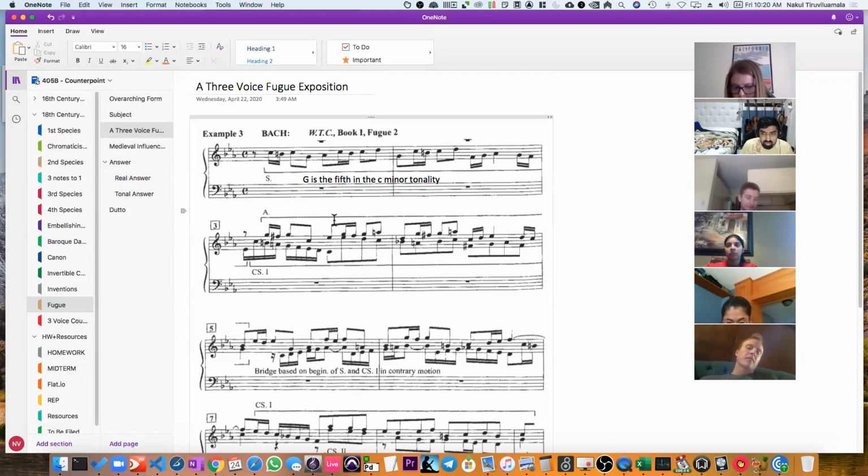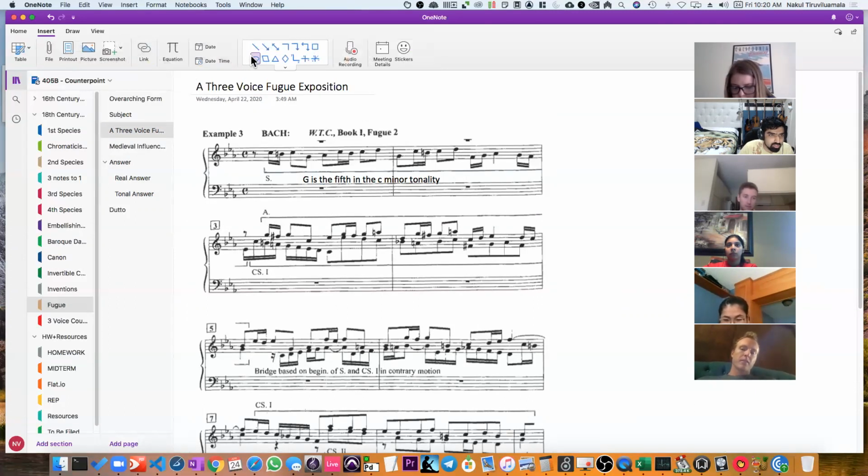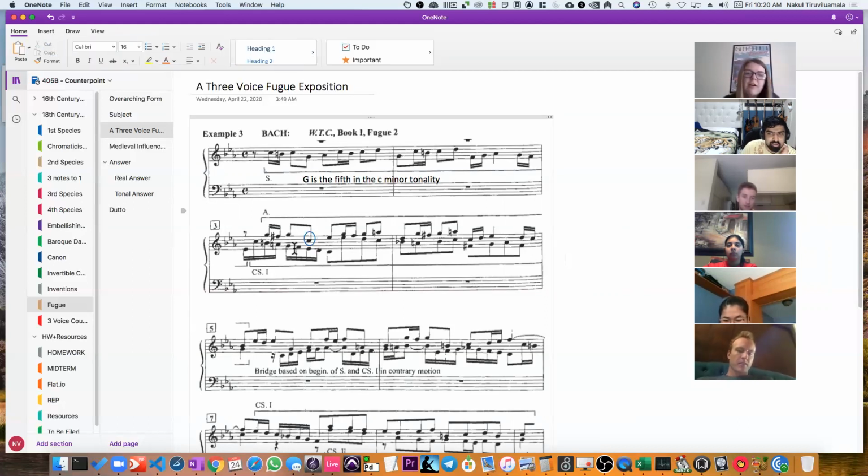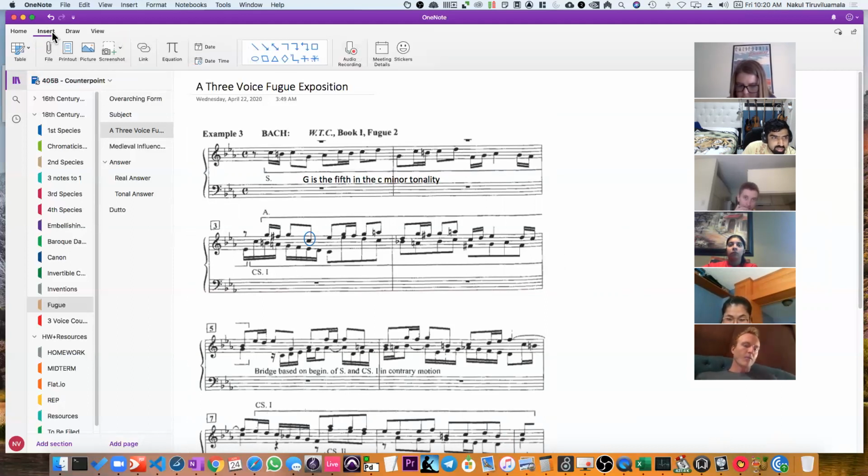This would be a D, right? So let me actually circle the note that was changed to help you see this. Okay. So what you see here is a C, and this C was actually changed. This is really what makes it a tonal answer. Notice the difference between this and this.